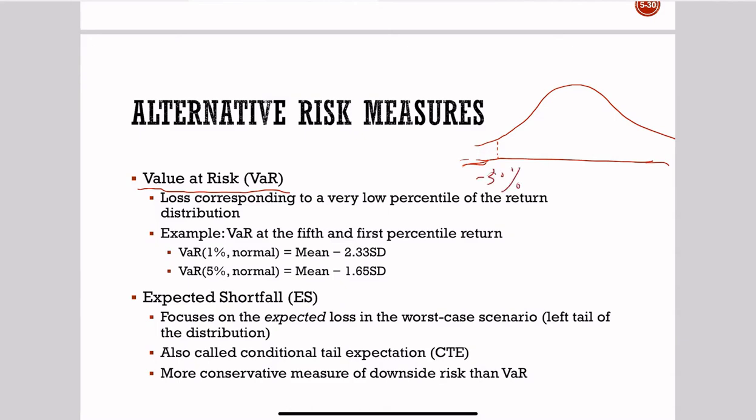Let's say this corresponds to a probability of 1%, right? So in this case, you can see that the value at risk, which corresponds to this 1% case, is minus 50%.